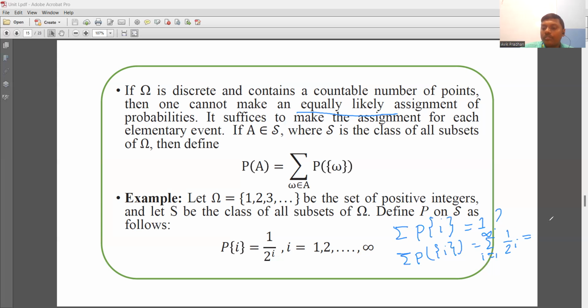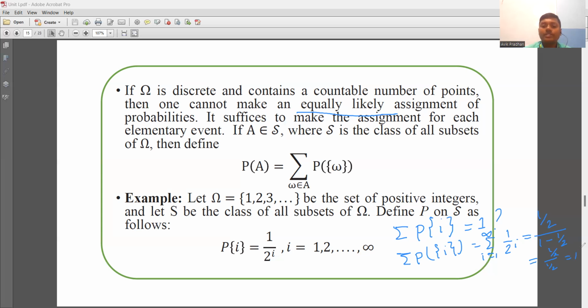The first term is equal to 1 half. The second term is 1 by 4, so the common ratio is half again. So 1 minus r is equal to half. This will be equal to half by half, that is equal to 1. So the total probability is going to be 1.